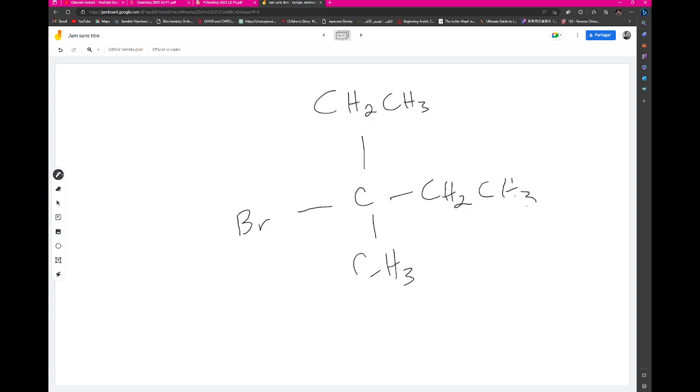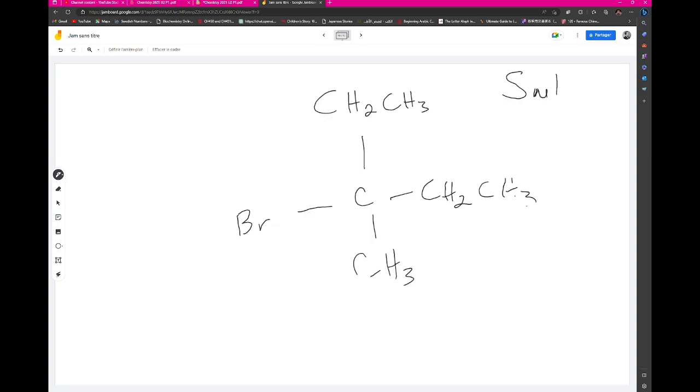Remember now, with tertiary halogenoalkanes, does it go through SN1 or SN2? I have to remember. We know that it's tertiary, so the halogen is attached to the carbon which is attached to 3 other R groups.